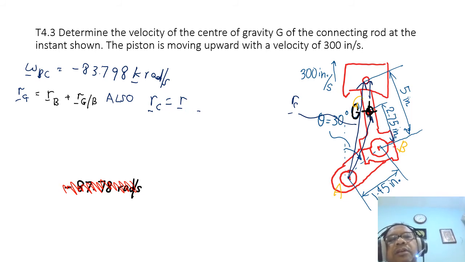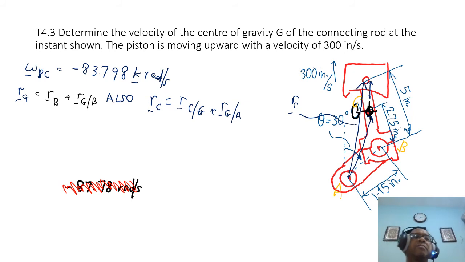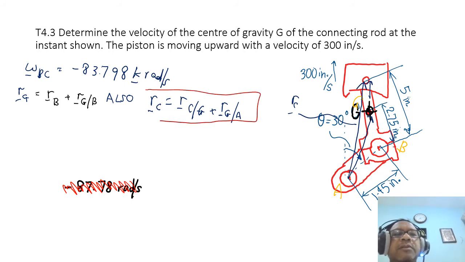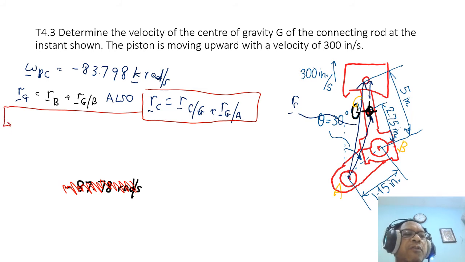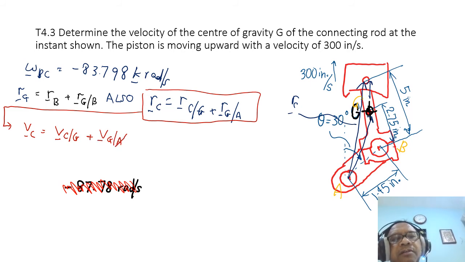Position vector C relative to G plus position vector G relative to A. And with that I can use that equation to write down the equation of VC equals VC relative to G plus VG relative to A. Okay, and because A is not moving, I can slash that and I say that this is equal to VC relative to G plus VG.